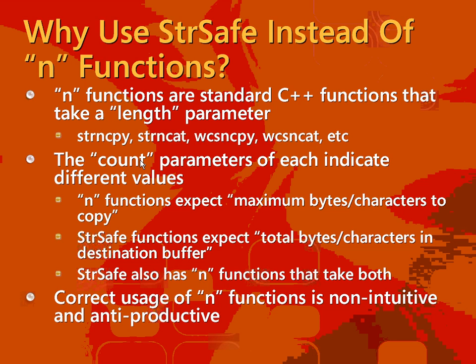StringSafe also has n functions that take both the length of the buffers as well as the number of bytes or characters to copy, but typically you'll end up using the ones that are not the n functions. Another key thing about StringSafe is that it's very intuitive to use correctly, whereas it is very easy to make a mistake when using the n functions, or unfortunately, it will be counterproductive to use them in the right way in some scenarios.